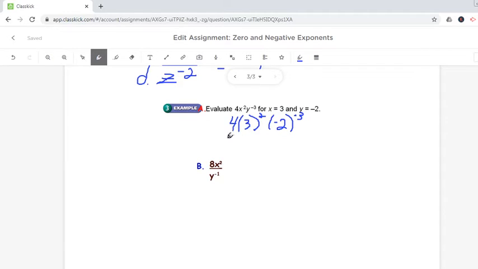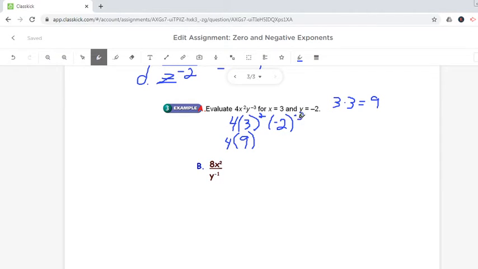Okay, so we will do exponents first. So 3 squared, that equals 3 times 3, that equals 9. So 4 times 9.